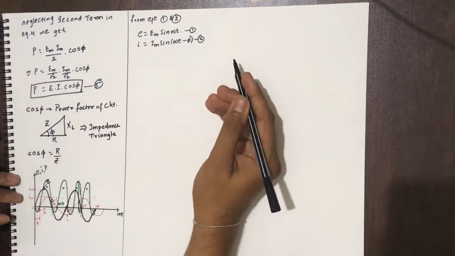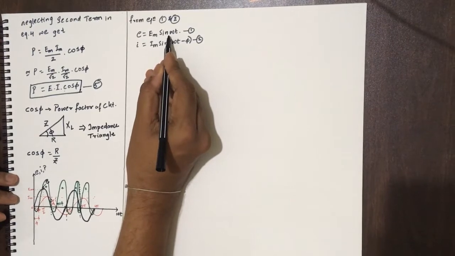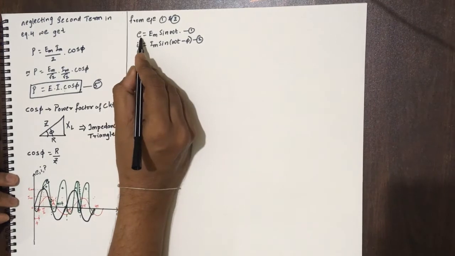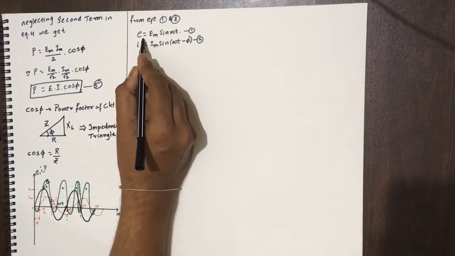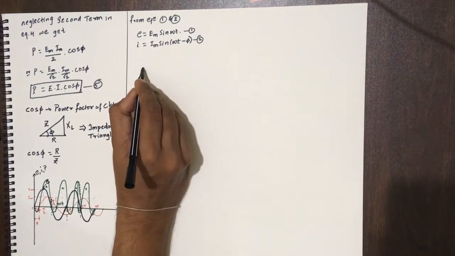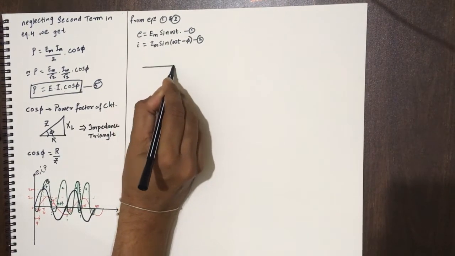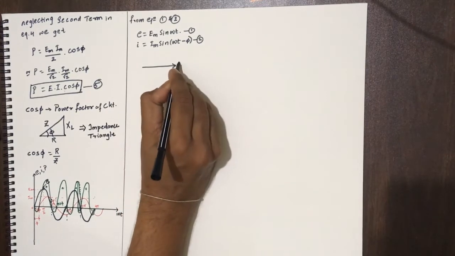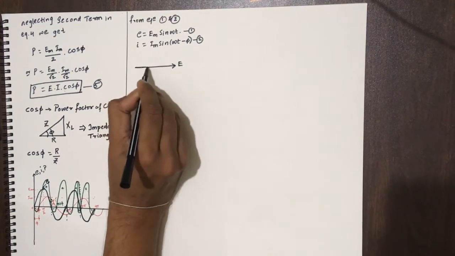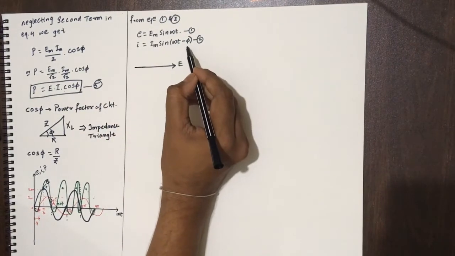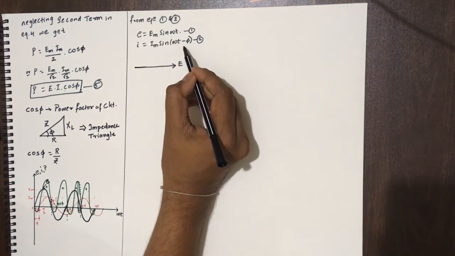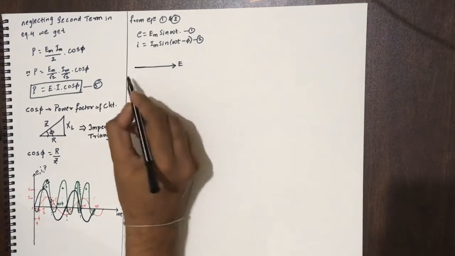Now equation 1, it is very easily seen that it is the reference. It means that the initial phase angle of voltage is 0, hence it has to start from the reference axis. I will draw the vector of E on the positive x-axis, and it is evident from equation 2 that current I is lagging behind voltage E by an angle phi.